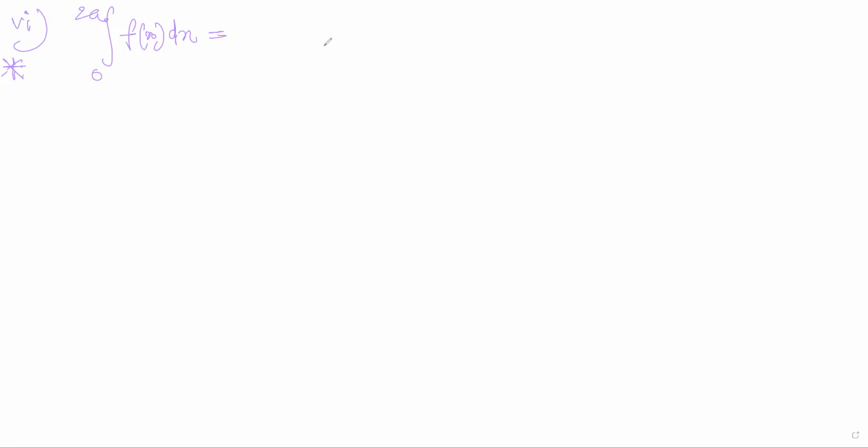So you can also write it as 0 to a, the integration of f of x, plus again 0 to a, integration of f of 2a minus x, that is applying the fourth property only, but with limits 0 to a.